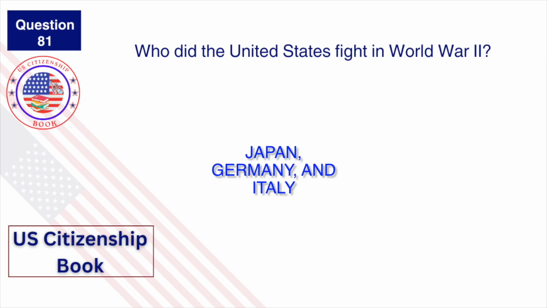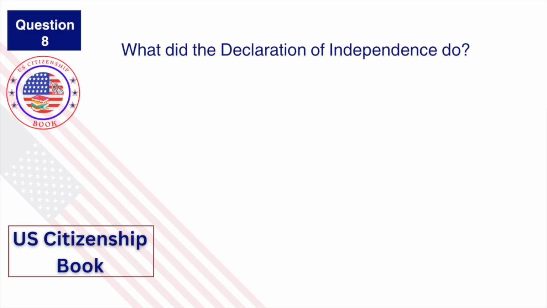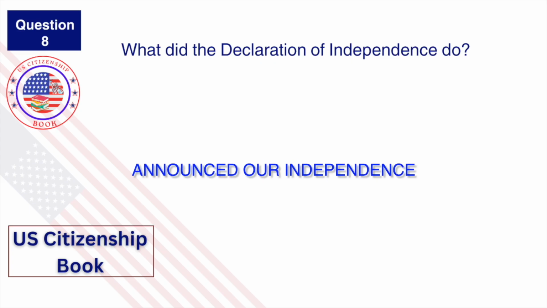Japan, Germany, and Italy. What did the Declaration of Independence do? Announced our independence from Great Britain.